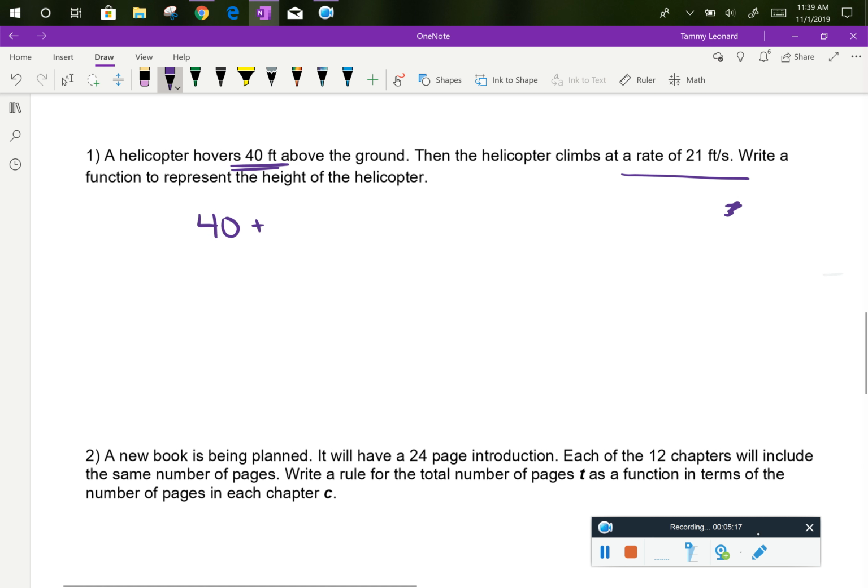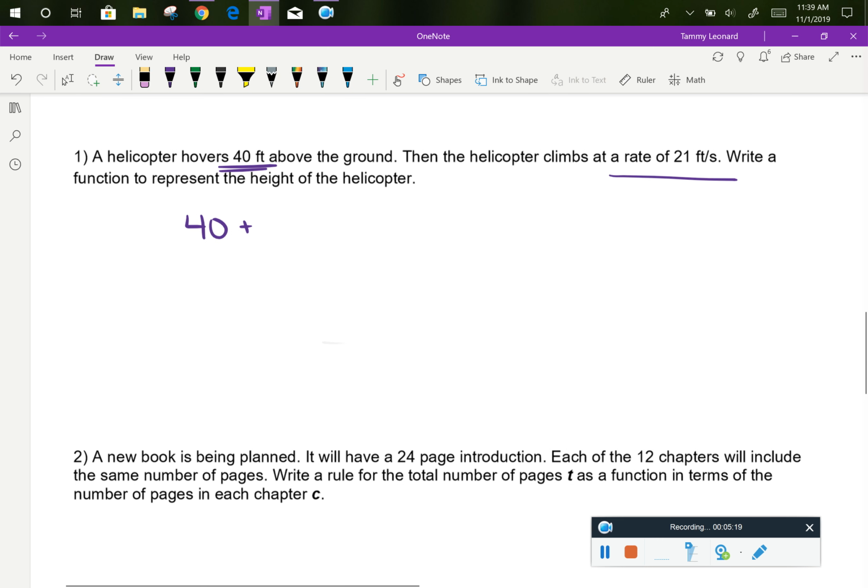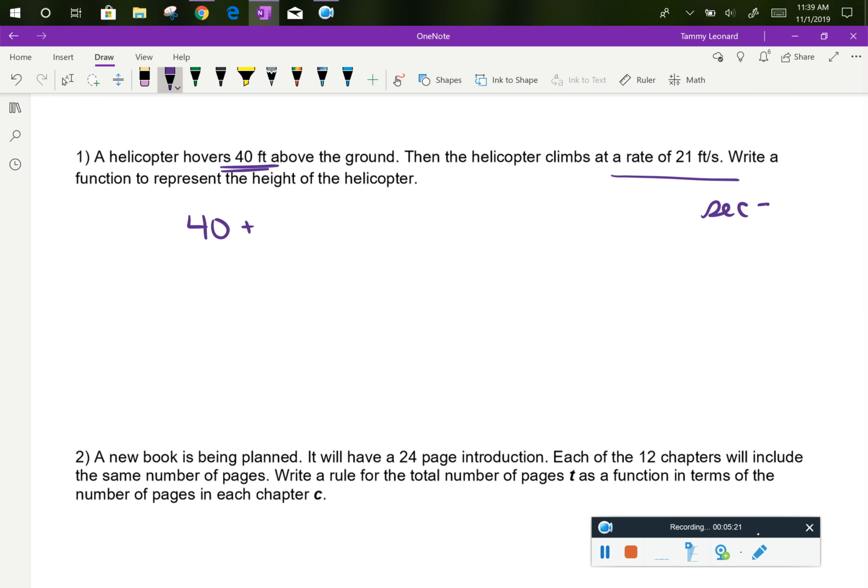So if I let s equal the number of seconds, because they didn't give me a defined variable this time, I know that if I multiply 21 feet per second by the number of seconds, that should give me the height of the helicopter as a function of the amount of time the helicopter has been flying.